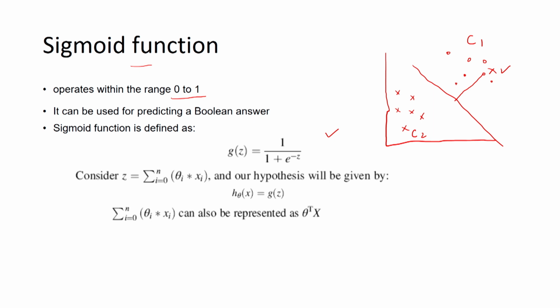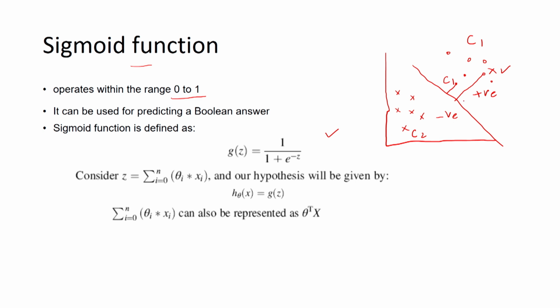If this point is close to the boundary line, then since it is on the right hand side, we will say that it belongs to class 1, but your confidence is less because this distance is less. So, we can calculate the distance of each point from this boundary line, and if that distance is positive, we will say that it belongs to class 1. If this distance is negative, we will say that it belongs to class 2.